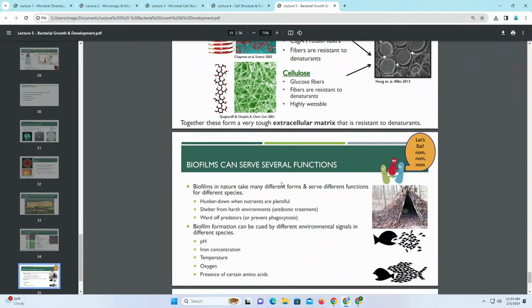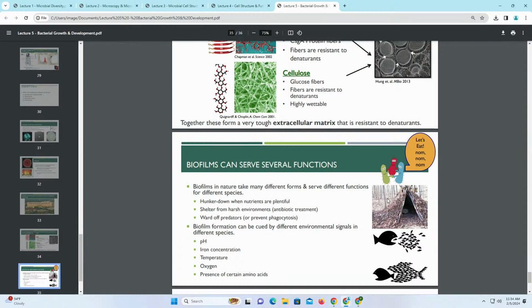So like I said, they take different forms and serve different functions. When there's a lot of nutrients, they kind of just sit and are happy. They help to shelter themselves from harsh environments or antibiotic treatments. And they also do that to ward off predators and prevent phagocytosis, which is a process in our immune system where our immune system cells, like macrophages, will try to kill bacteria that's not supposed to be there.